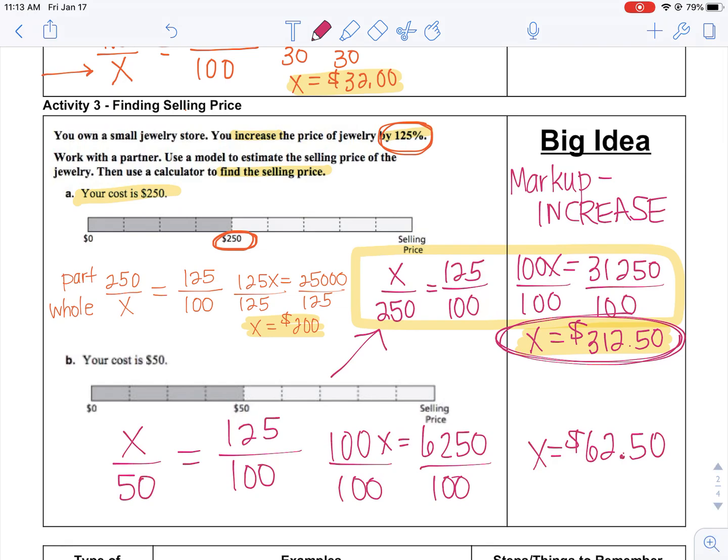X is $62.50. So let's think, does that make sense? If it costs me $50 and I want to have a markup of $62.50, yep. So I'm going to mark up that item by $62.50.